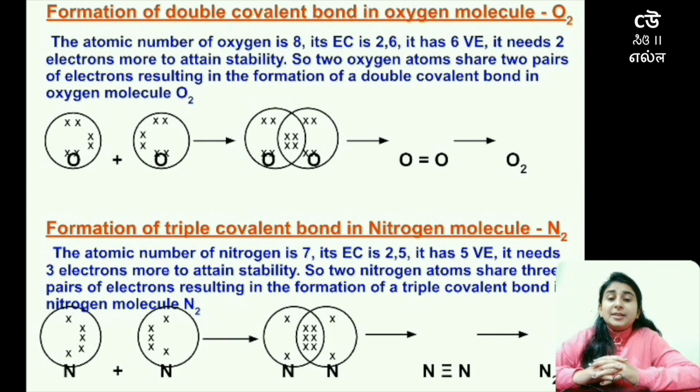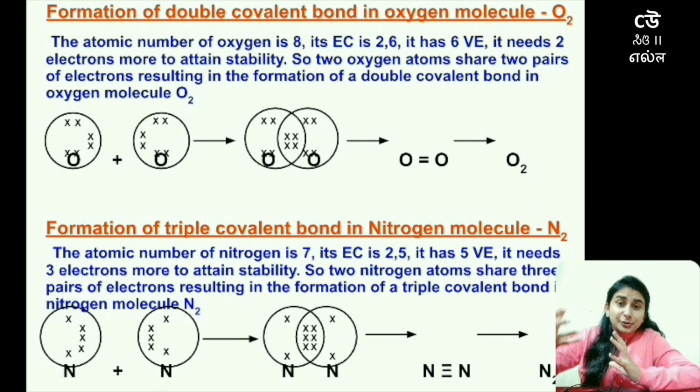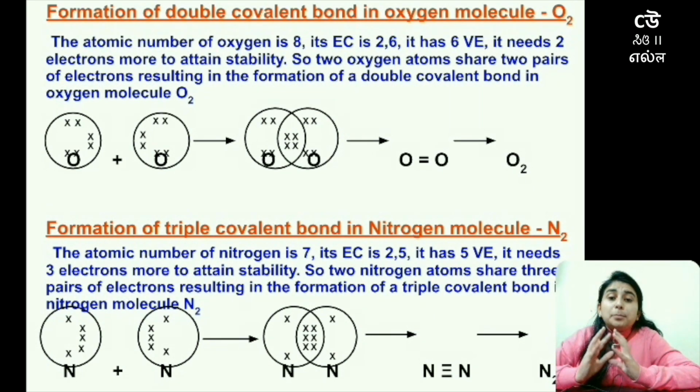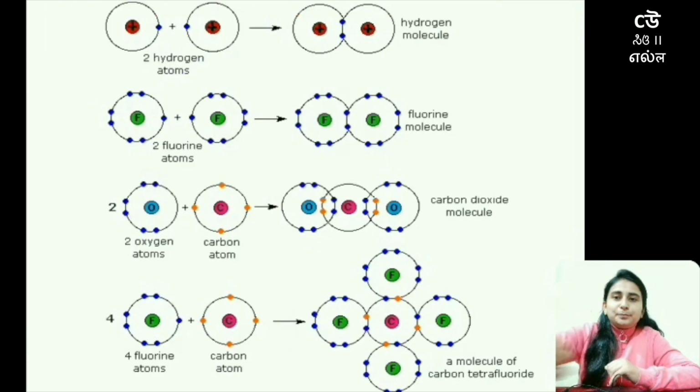So its valence electrons would be 5, and therefore it is going to require 3 more electrons to attain stability. So what will the nitrogen element do, students? It will share 3 more electrons with the other nitrogen atom. And as you can see on the screen, triple covalent bond will form by sharing 3 pairs of electrons. Therefore, what do we get from the nitrogen element? Nitrogen gas that has chemical formula N2.